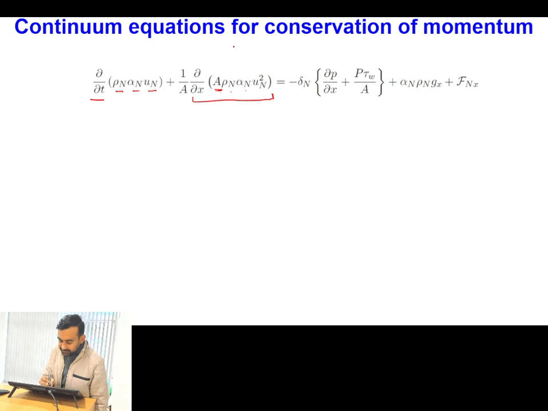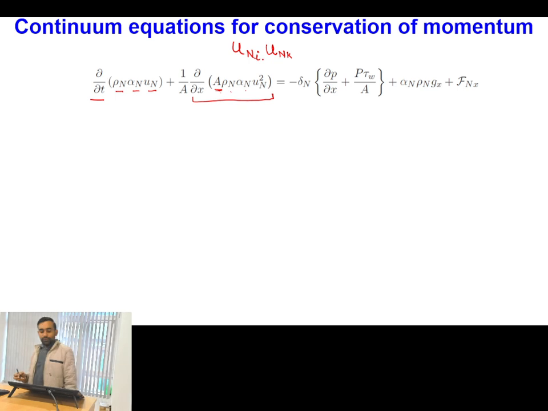The second variation is, if you recall, earlier in the momentum equation we had one term as u n i and the other term as u n k, where u n i was referring to the normal velocity in phase i, and u n k was referring to the velocity of nth phase in kth direction.